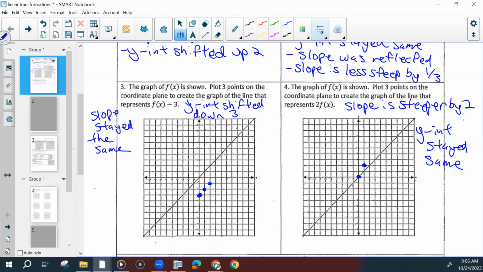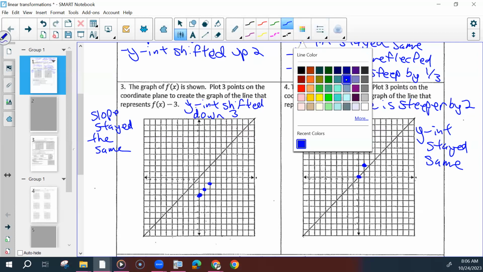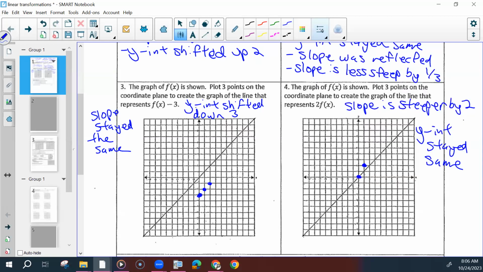So I can do positive 1 up to x1, y2. Give me another point. Positive 4, 2. I think that'd be over too much. What were you saying? So -1, -2. When I say ordered pair, it's always x, y first.